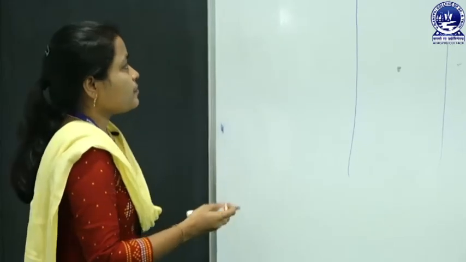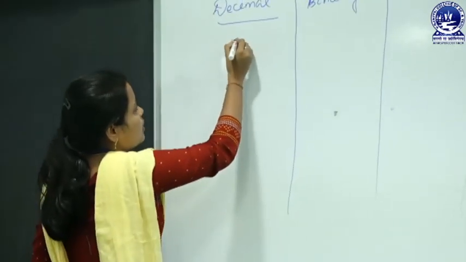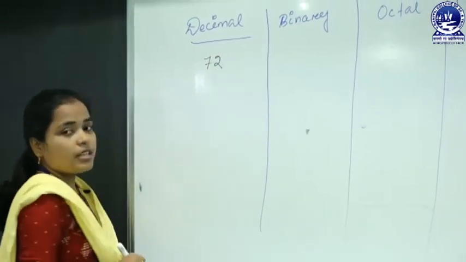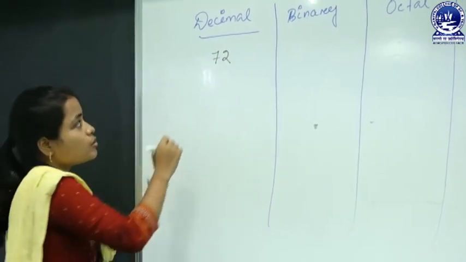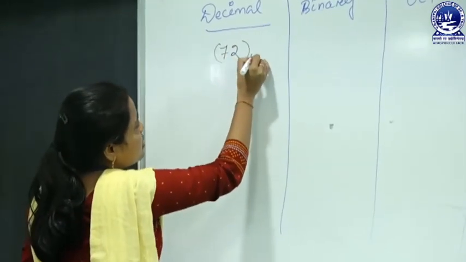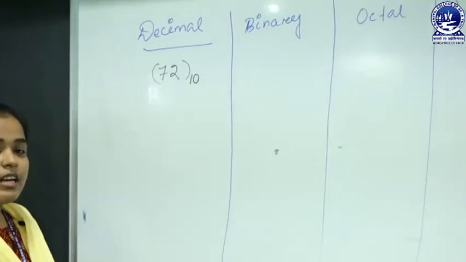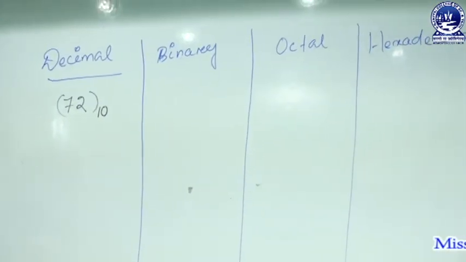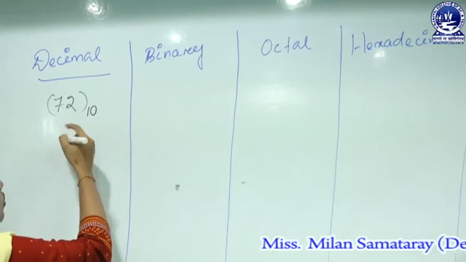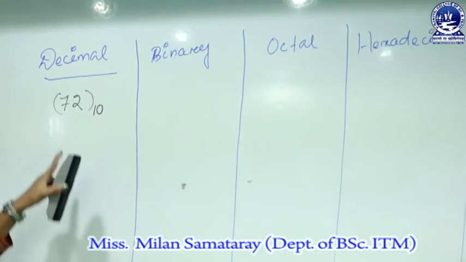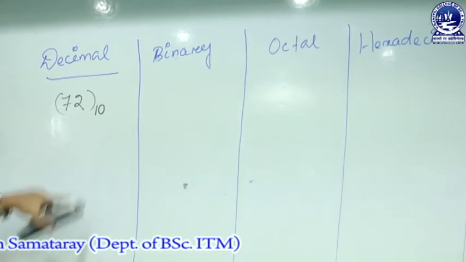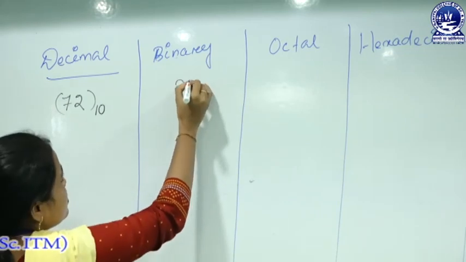So, we are given a number, let it be a decimal number, that is 72. For a decimal number the radix is 10. The radix I will discuss later, and we do not know the representation of this decimal number 72, so let us put a question mark.